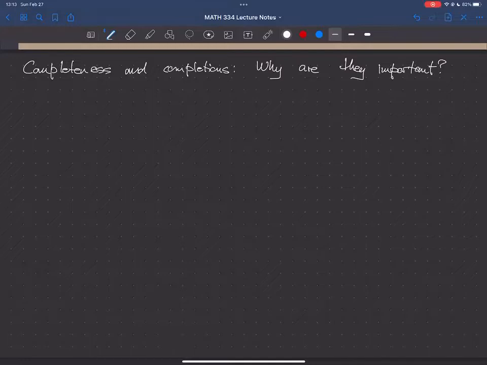And the reason is very simple: if your space is not complete, you may be taking a limit which doesn't exist just for the reason that your space isn't complete. It doesn't exist for some interesting reason, like it doesn't converge in the completion. It's just your space is not big enough to contain the things that you should be converging to. So, for example, the rational numbers don't contain all the real numbers.